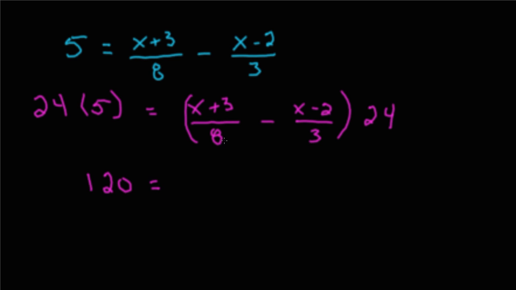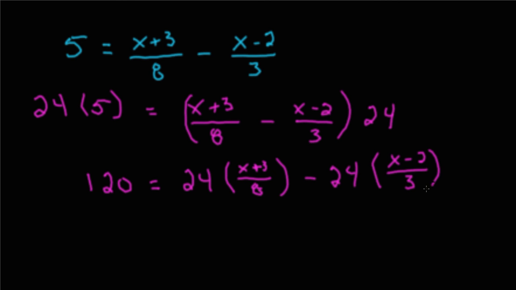So now, this x plus 3 times 8, we'll just go ahead and multiply that out so you can see what we're doing here. 24 times (x plus 3) divided by 8, and we can rewrite that as minus 24 times (x minus 2) divided by 3.